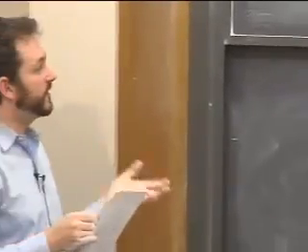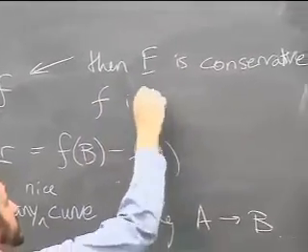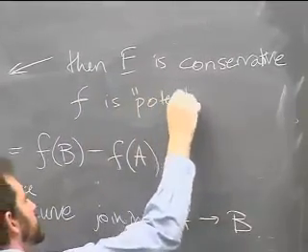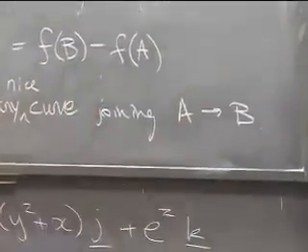So the question is, find the potential function. Little f is called the potential function of the vector field. It's sort of like an antiderivative of it. So basically, I'm going to tell you that there is such an f, and most of the time there isn't. It's a very special case.